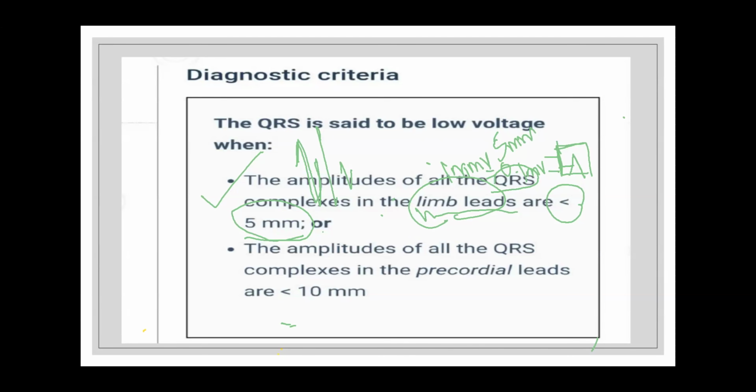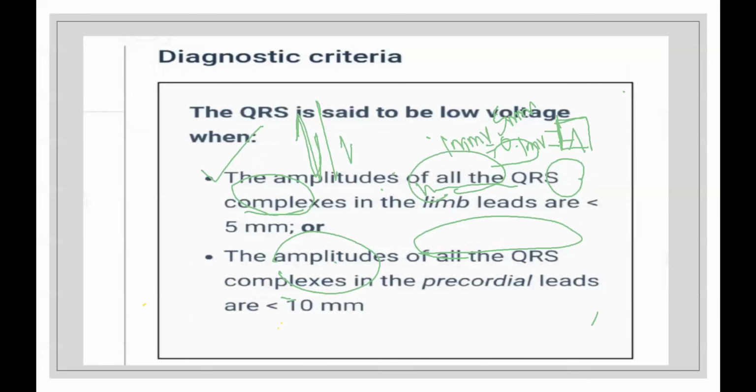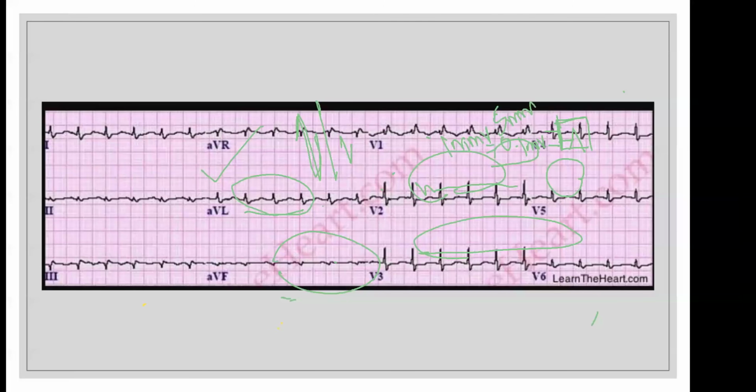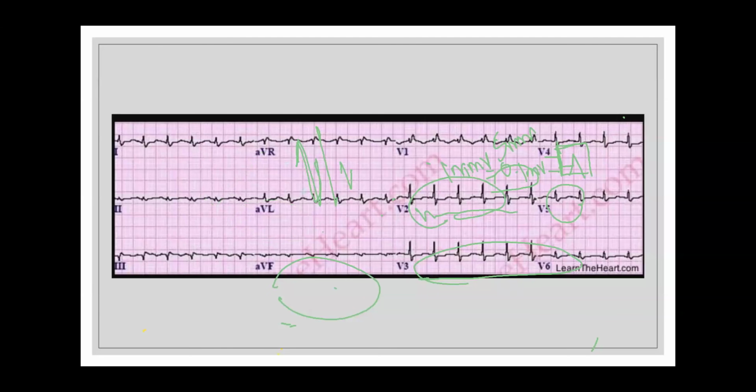And what about the precordial leads? In the precordial leads, the length should be less than 10 millimeters. So this is the criteria for low voltage ECG leads. Just check it on this ECG. These are your precordial leads, represented by V1, V2, V3, V4, V5, V6.